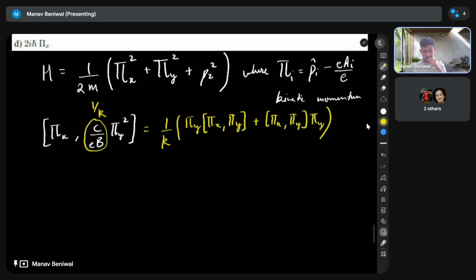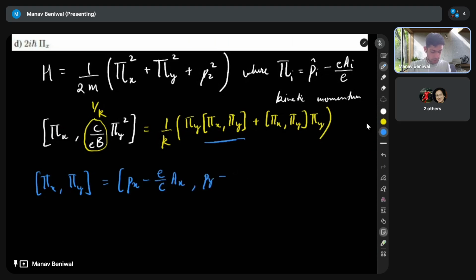So basically, first of all, we need to find out what is the value of this commutator pi x comma pi y. So let's do that. So this we can write as px minus e by c ax comma py minus e by c ay.